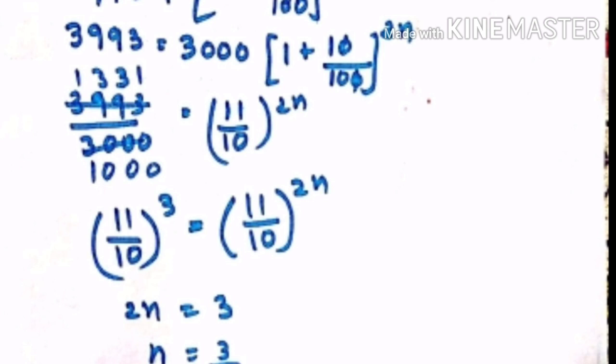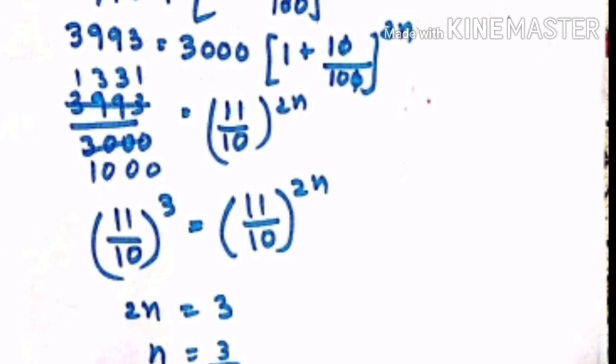Now left side cancellation by 3. You can see 3993 and 3000 both are multiples of 3, so we can divide by 3. So I cut it by 3, I get 1331 upon 1000 is equal to 11 by 10 power 2n.